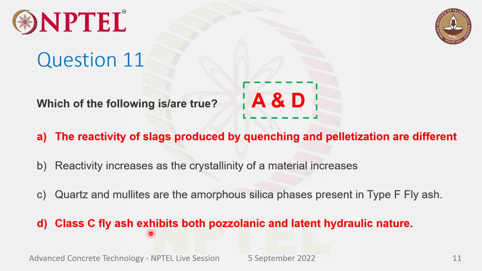So if there is calcium in the system, obviously it will exhibit both pozzolanic as well as latent hydraulic nature. If the calcium oxide to silica ratio is around 1, then obviously it will exhibit both latent hydraulic as well as pozzolanic reaction if it has reactive silica in it.